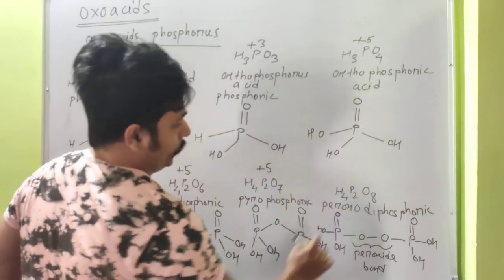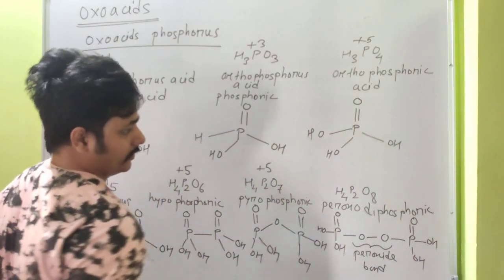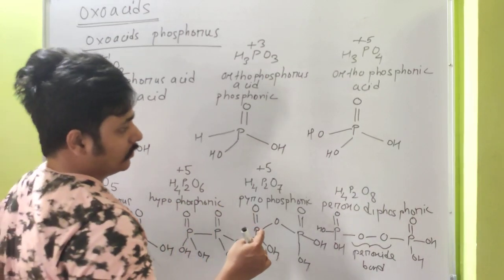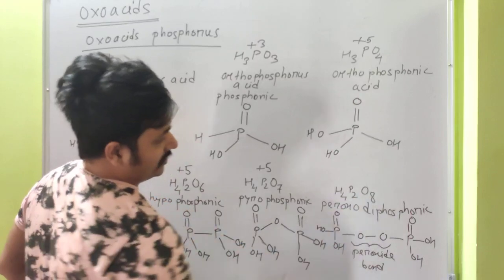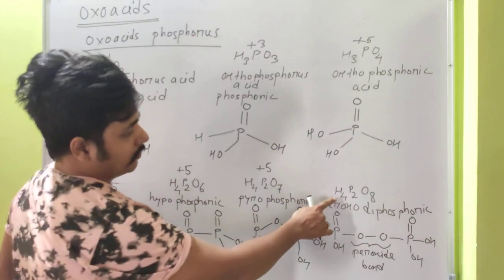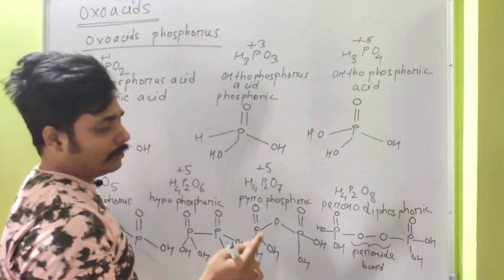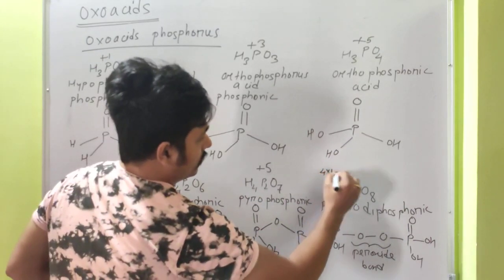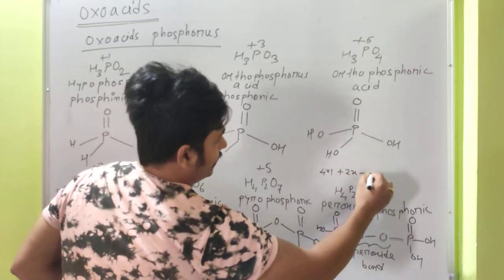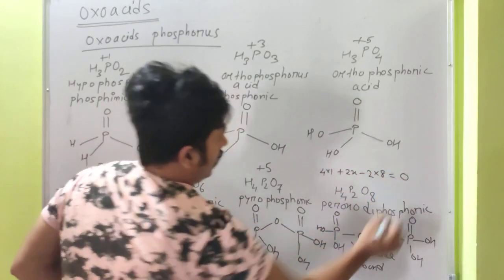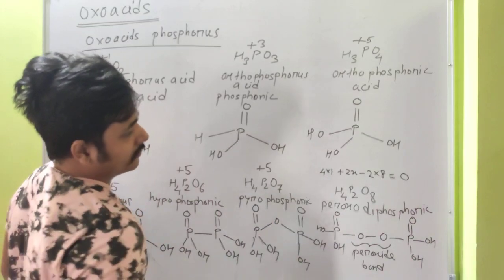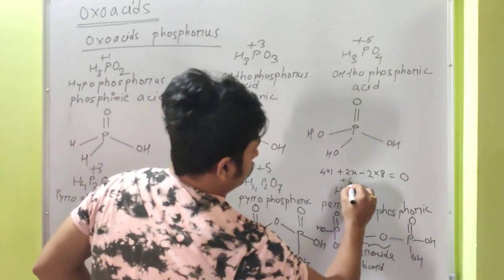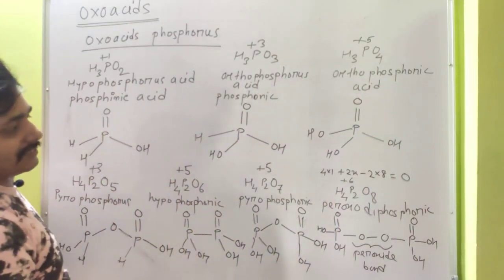Now if you apply the oxidation rule here, the oxidation state you get would be how much? 8 oxygen -16, 4 hydrogen +4. So 4 plus twice x minus 2 into 8. How much? x would be -12 plus 6. Okay, you get +6.